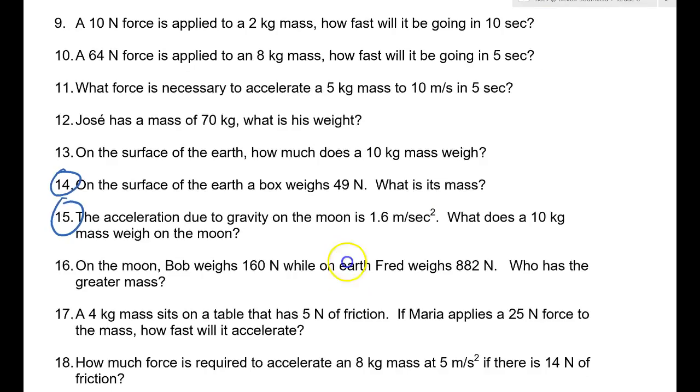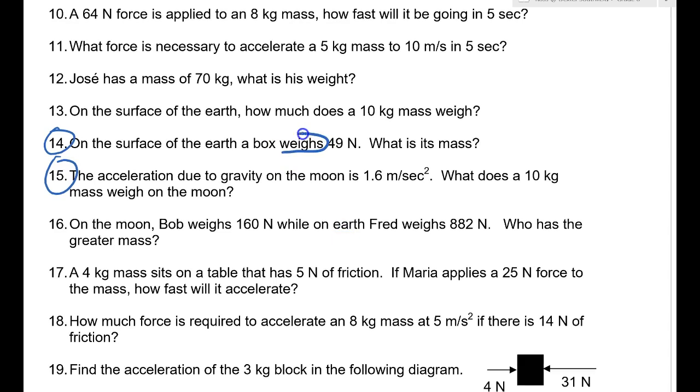On the surface of the Earth, a box weighs 49 newtons. What is its mass? Now, initially you might think, wait a second, its weight is its mass. Wrong. Its weight is different from its mass because its weight is the force due to gravity. So its force of gravity, right, we're looking at newtons here, that's a force, is 49 newtons, equals an unknown acceleration times an unknown mass.